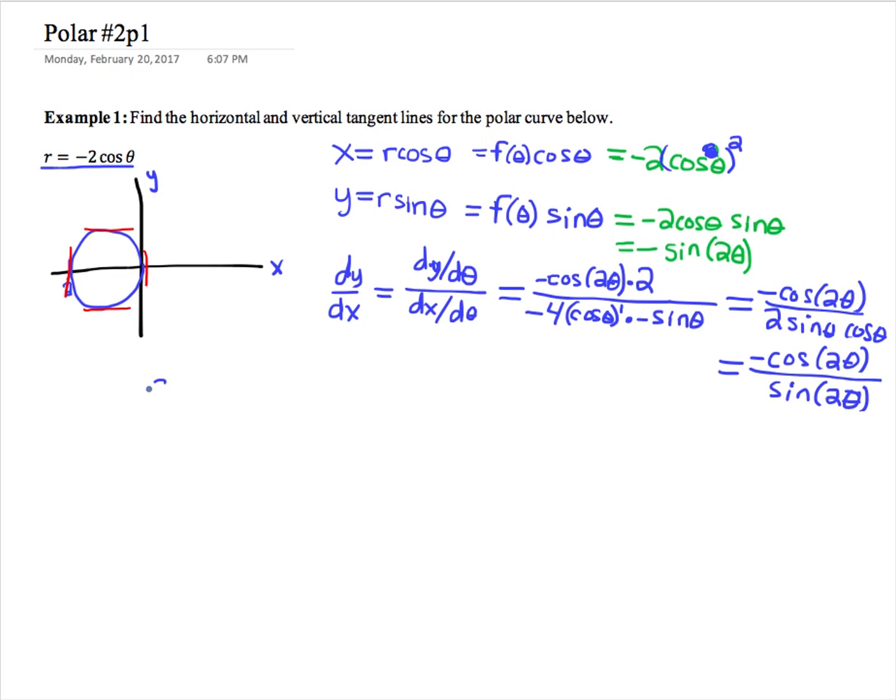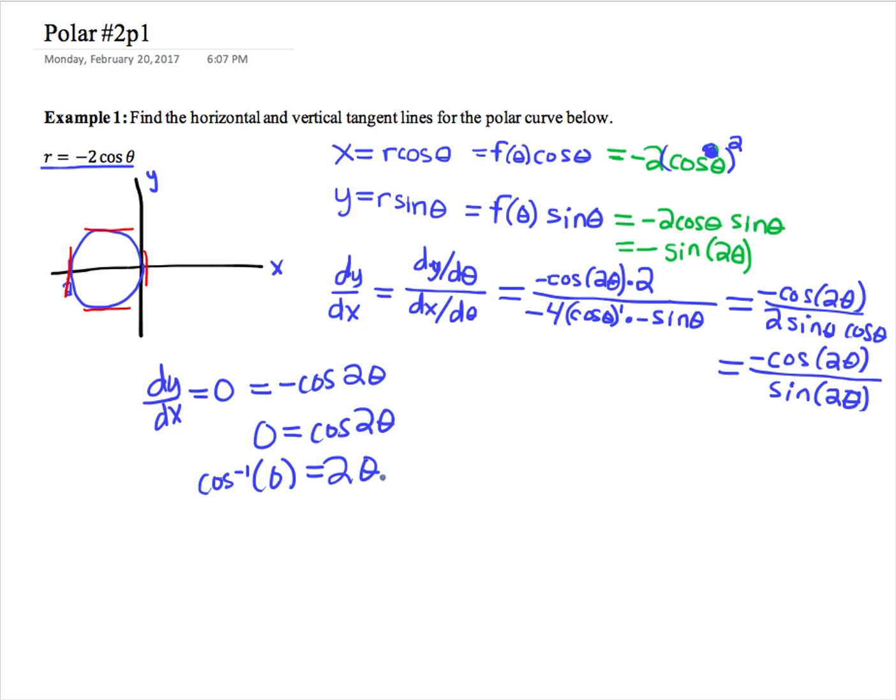So horizontally tangent means, of course, where the slope or the derivative is equal to 0. So that's going to be where the top is 0. So where that's going to be 0 is where negative cosine of 2 theta equals 0. So I think I can just divide the negative 1 to the other side, so I'll get 0 equals cosine of 2 theta. Then I can operate on both sides with my arc cosine, or my inverse cosine.